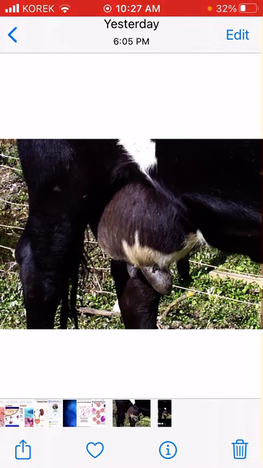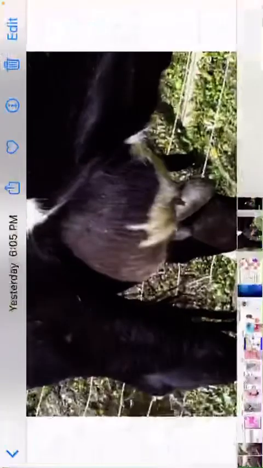One of the symptoms is boils on the udder, so it's easier to detect. It is characterized by bad-smelling milk and boils on the udder.